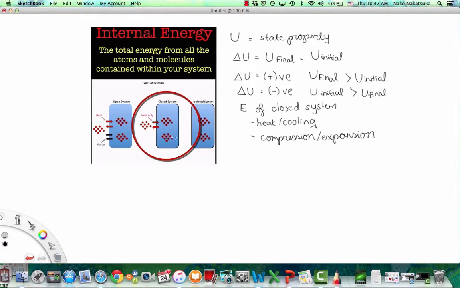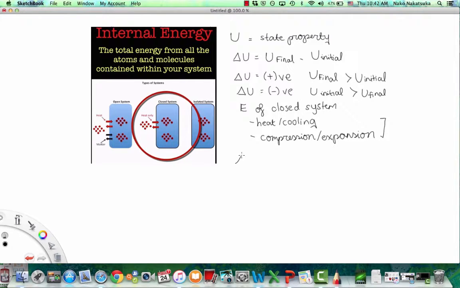If you look at this diagram, you can see that only heat is being exchanged with this closed system, whereas in an open system, matter can also be exchanged. So the change in the internal energy is the energy transferred by heating plus the energy transferred by compression, the combination of these two things.